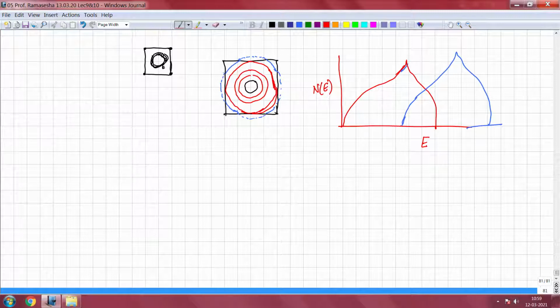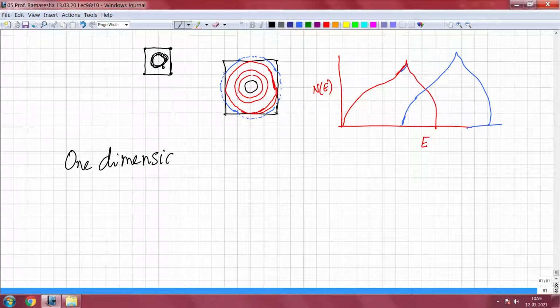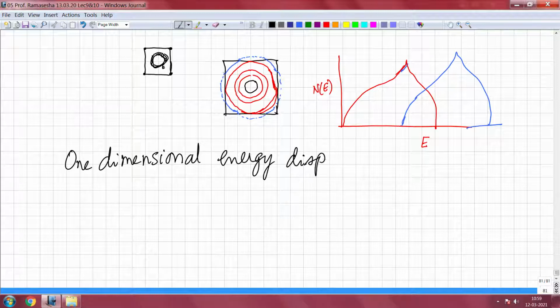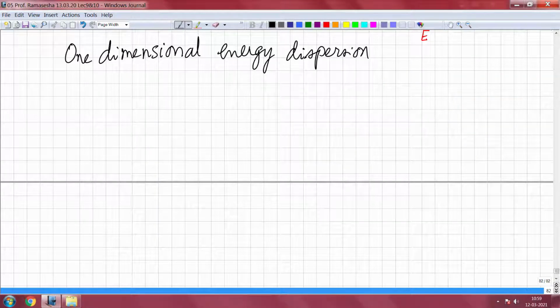Having said that, now let us go back and see how we can classify metals, insulators and semiconductors. To do this, let us look at the one-dimensional picture, which is much easier to follow: the band structure, or the energy dispersion, which goes like this.